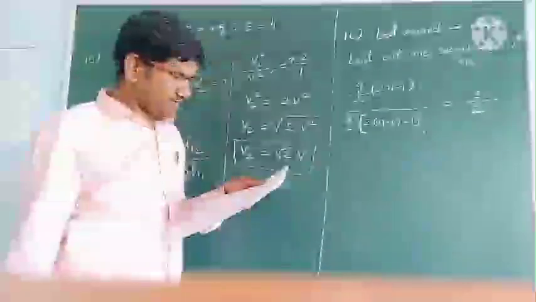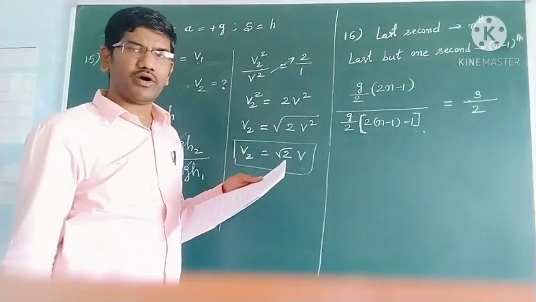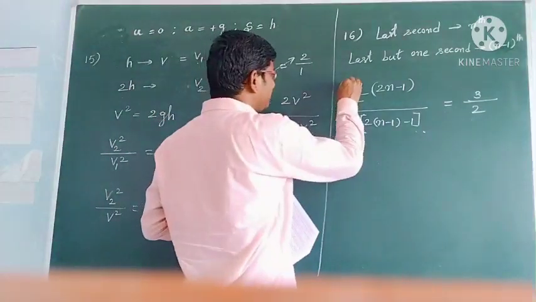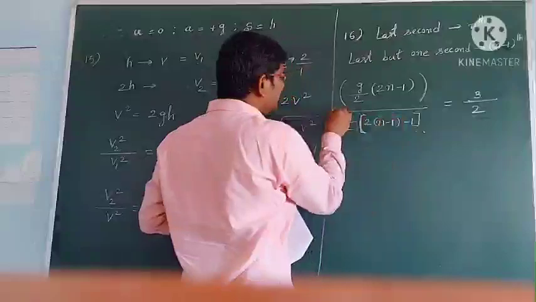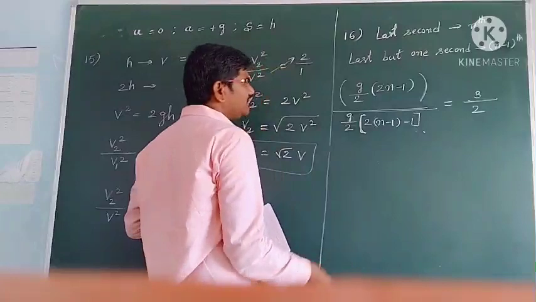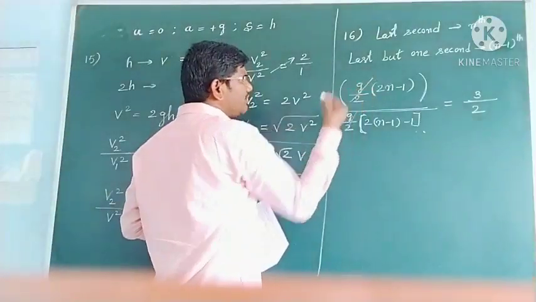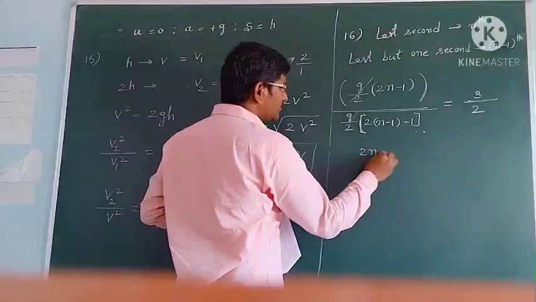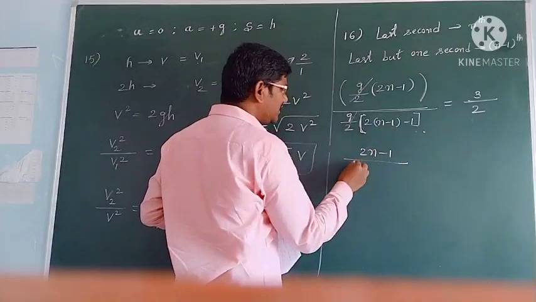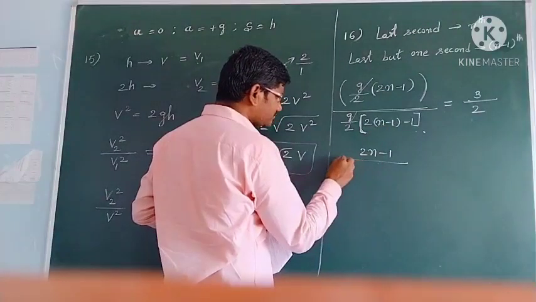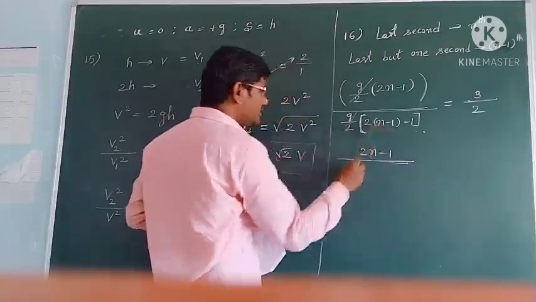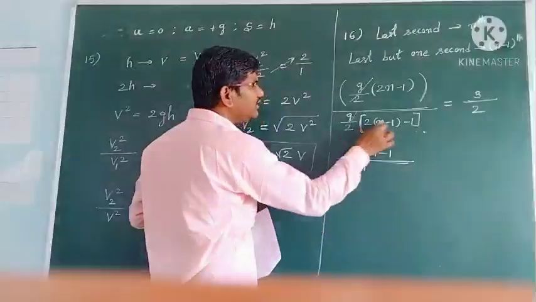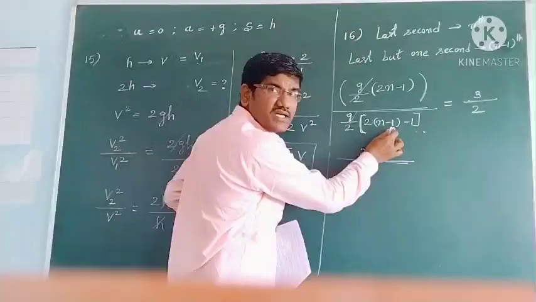So then the total time taken by the body to reach the ground they are asking. So this g by 2 gets cancelled. So what is left here? 2n minus 1 by here, 2n minus 1, 2 into n minus 1, that is minus 2 and minus 1.